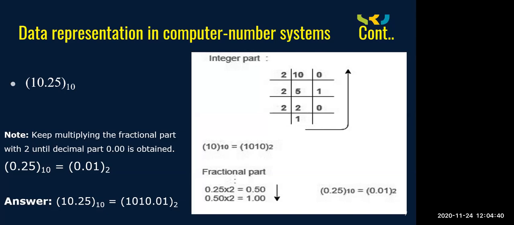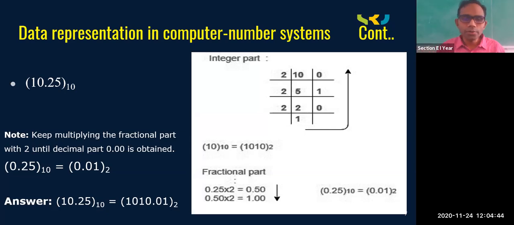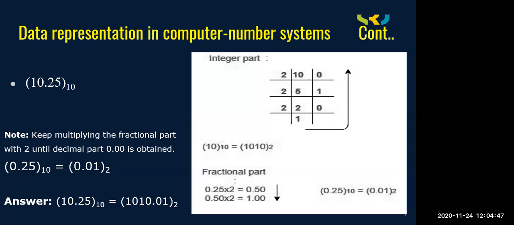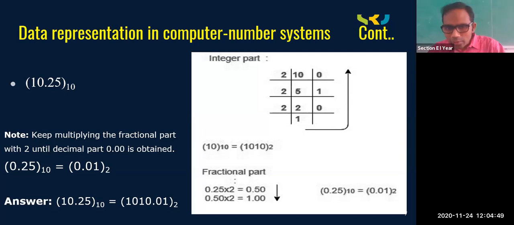Now, what is there in front of this result? You got 1.00. If you get 1.00, then make it as 0.